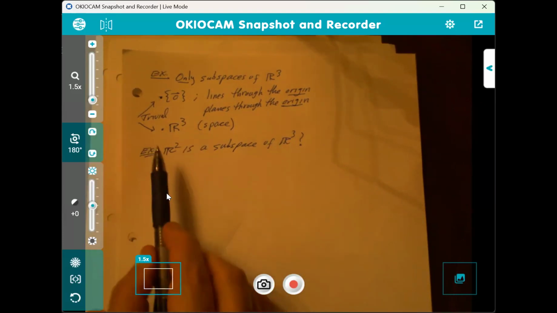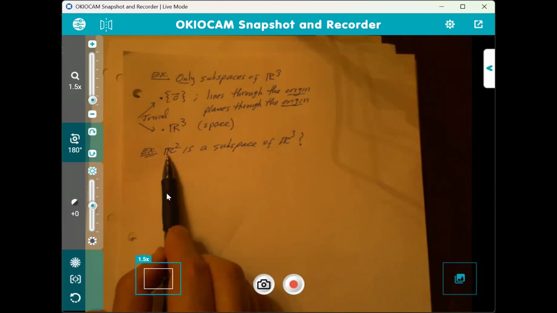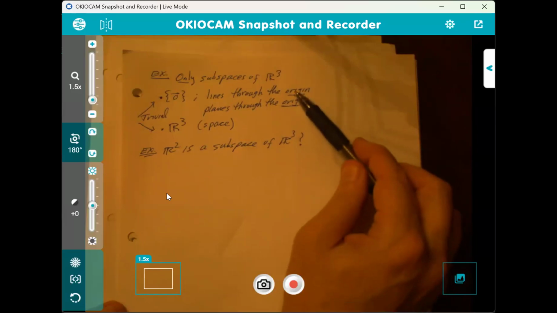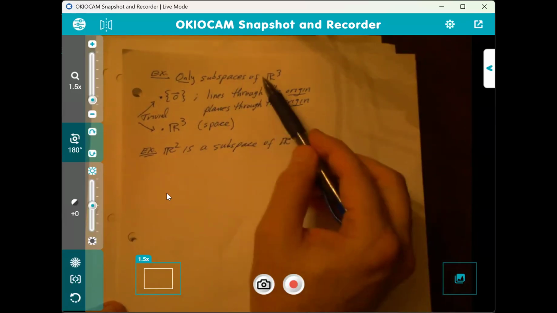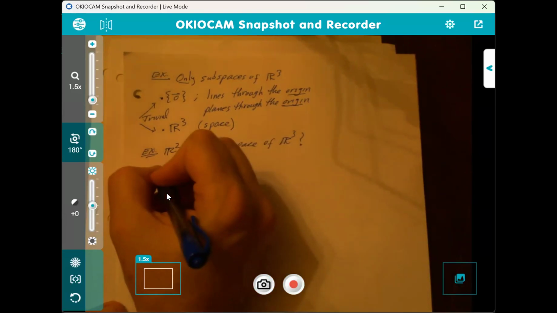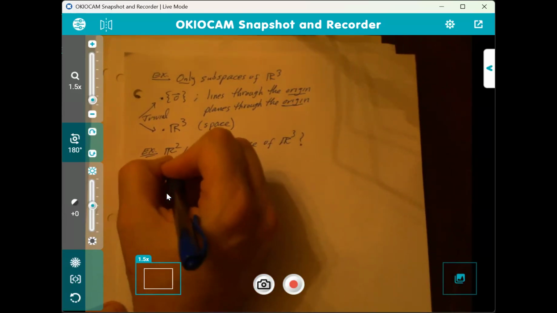So in other words, do all planes go through the origin? Not necessarily, right? You could have a plane that's parallel to the XZ plane or the XY plane, couldn't we? So they don't necessarily go through the origin. Up here, we said that the keyword is origin, and these are the only subspaces. So for this one, the answer is no.